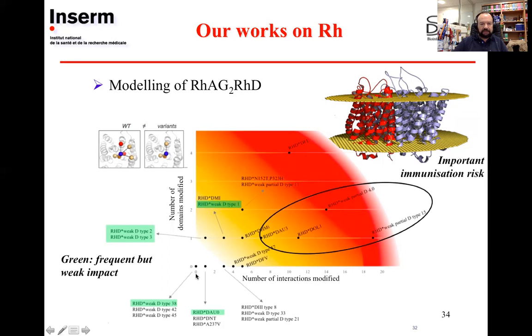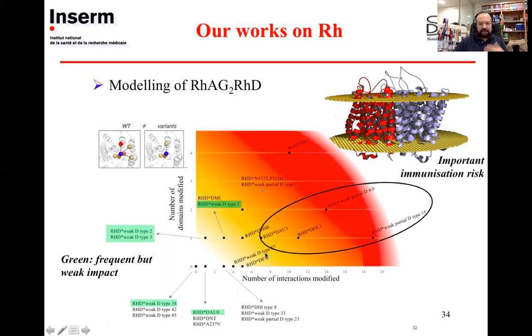Here, 0 interactions have been modified; here, 20 interactions have been modified. And on the y-axis, that's the number of interactions between the domains, meaning between the helices, that have been modified. Here, nothing, no helices change. Here, going to 4 interactions with 4 different helices that have been modified.